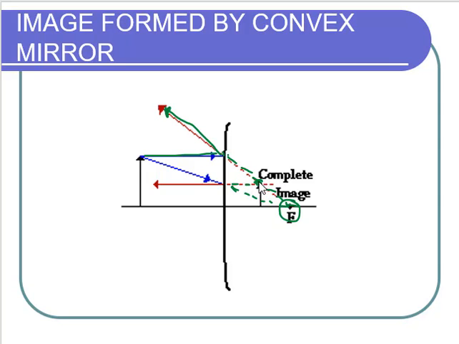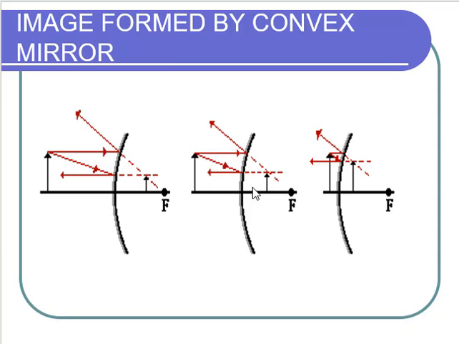And you have to extend the red one so that you can see where the image is located. Now, if we are going to describe it, the image is smaller than the object and it's erect, upright. So this one is a virtual image. So that's how we use ray diagram for spherical mirrors.